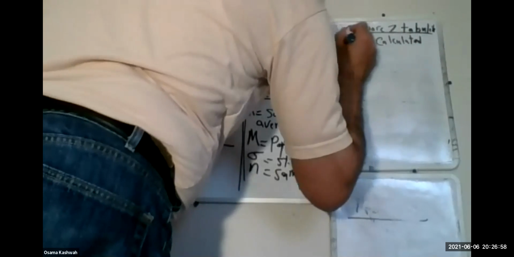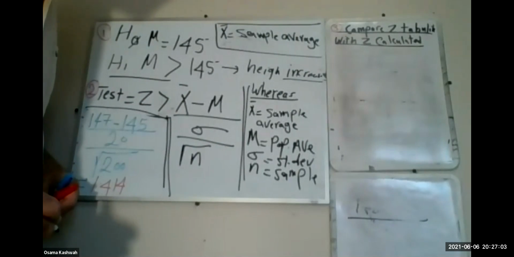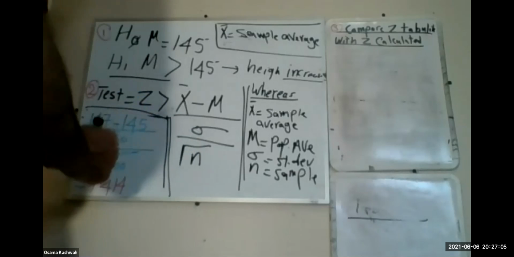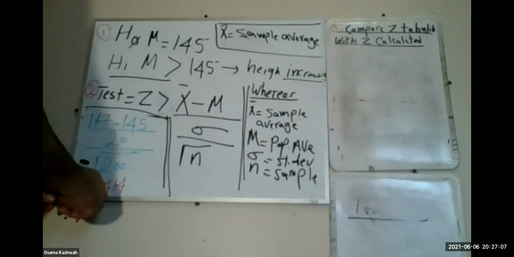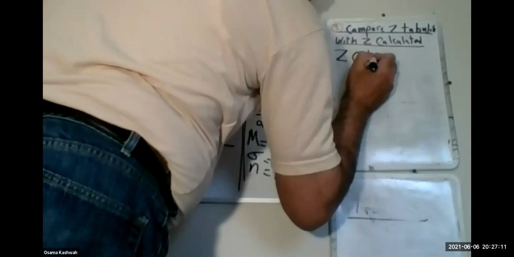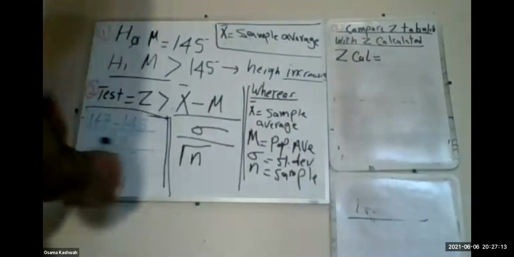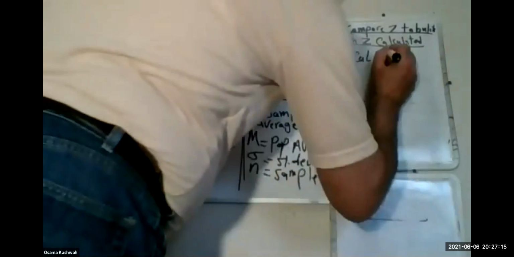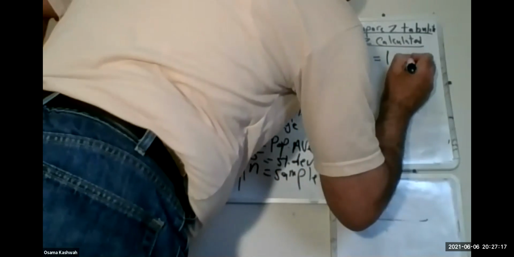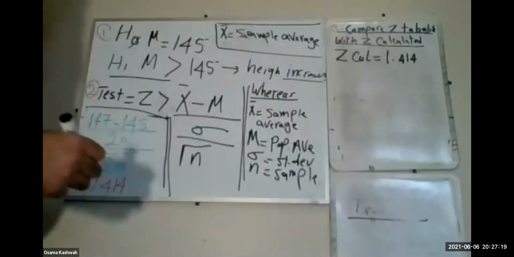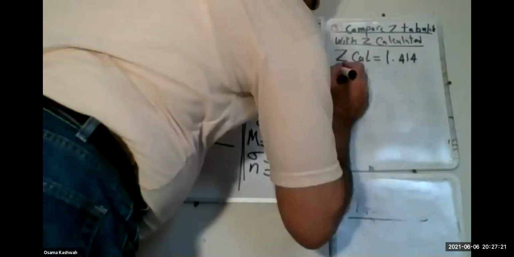How will I do the comparison? I already have Z calculated, which equals 1.414.